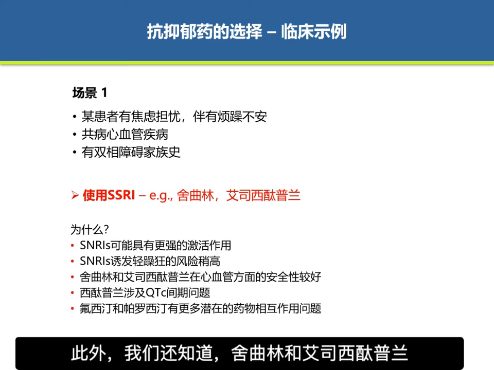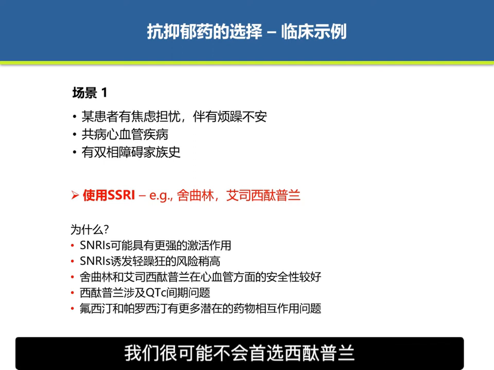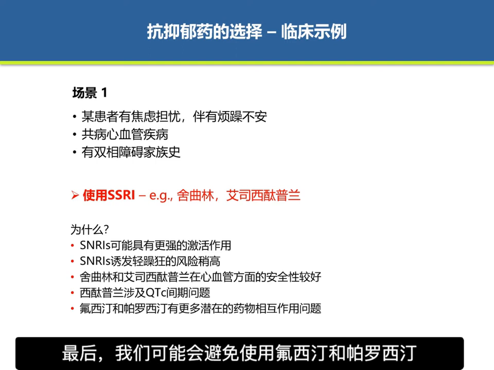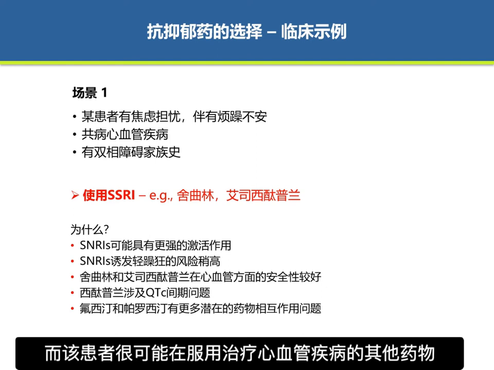In addition, we know that sertraline and escitalopram have demonstrated cardiovascular safety in many studies. And we probably wouldn't use citalopram as our first choice because it's known to have an issue with QTc prolongation. And finally, we'd probably avoid fluoxetine and paroxetine because they have more potential for drug-drug interactions, and this patient is likely on other medications for their cardiovascular disease.